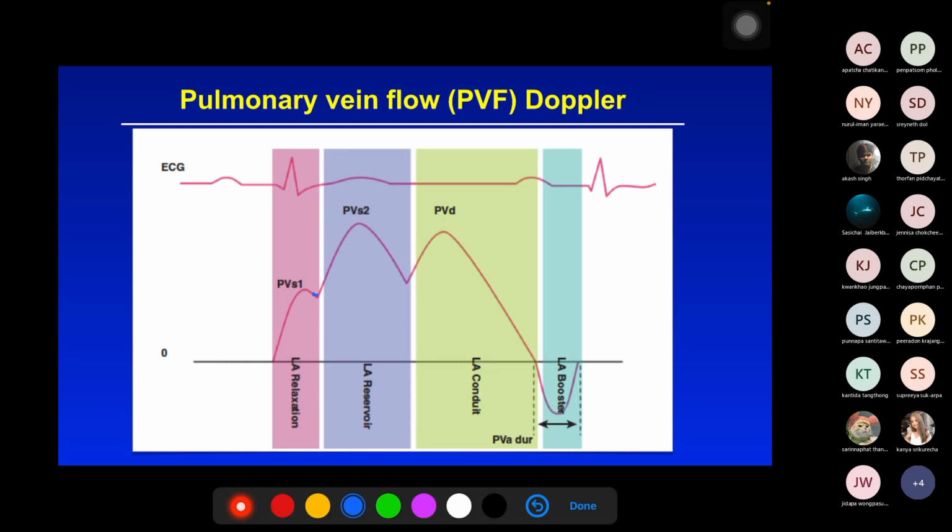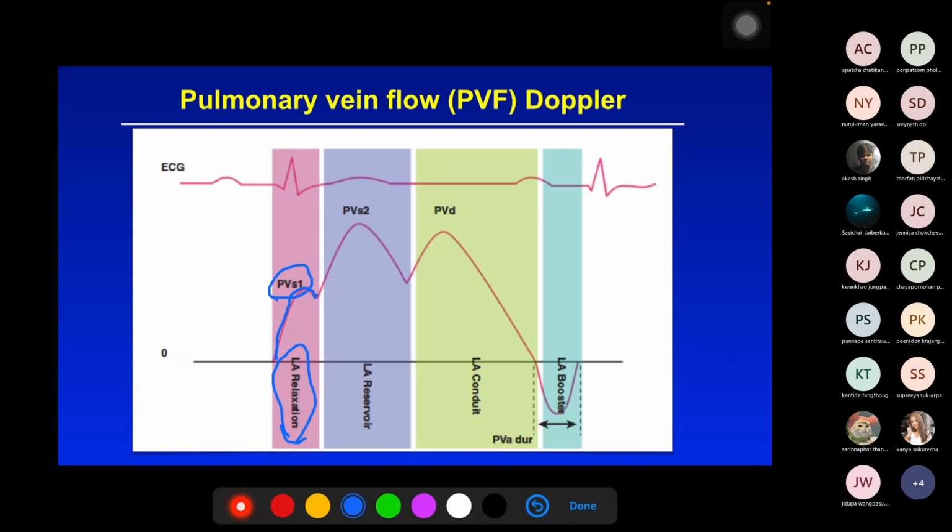Try to imagine during ventricular systole, the left atrium is relaxing. When the left atrium relaxes, the pressure in the LA decreases, so blood fills from the pulmonary vein to the LA. This generates PVS1, caused by the LA relaxation.